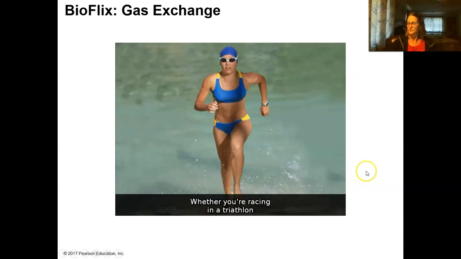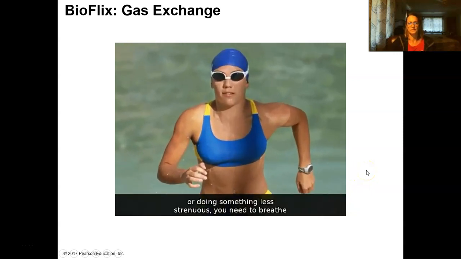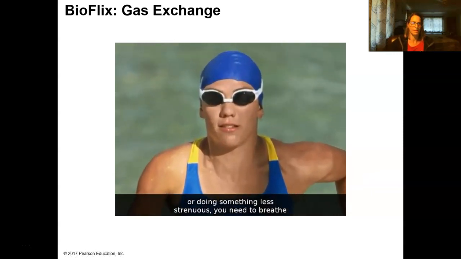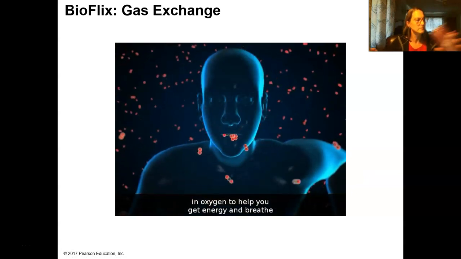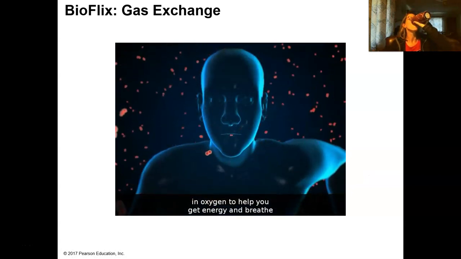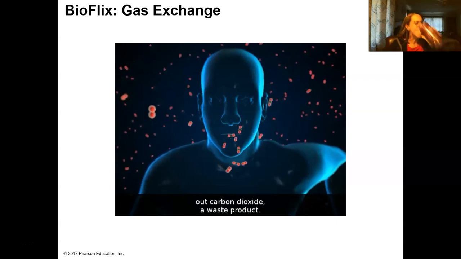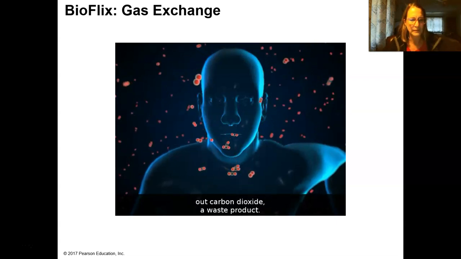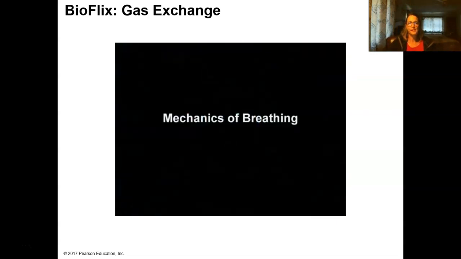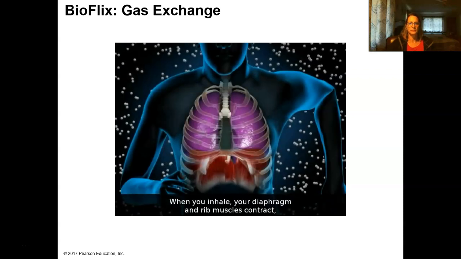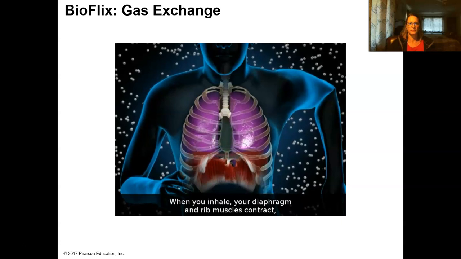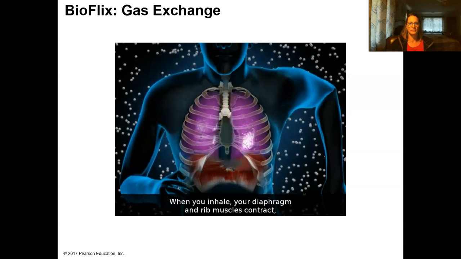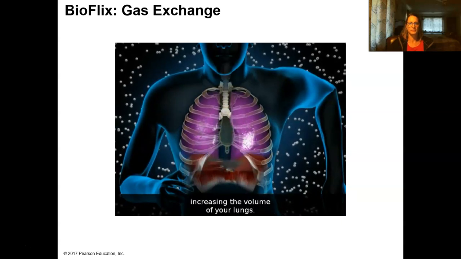Whether you're racing in a triathlon or doing something less strenuous, you need to breathe in oxygen to help you get energy, and breathe out carbon dioxide, a waste product. When you inhale, your diaphragm and rib muscles contract, increasing the volume of your lungs.